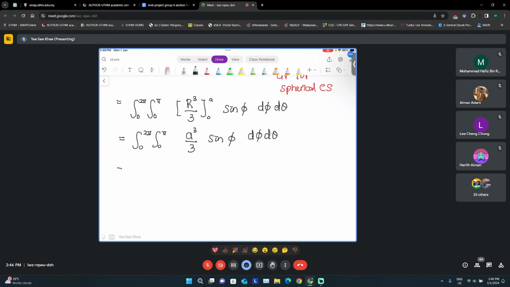Next is to integrate with respect to phi. This one you could use the calculator. This time a cubed over 3 is a constant, so just take it out. On the calculator, you just press sine phi from 0 to pi.